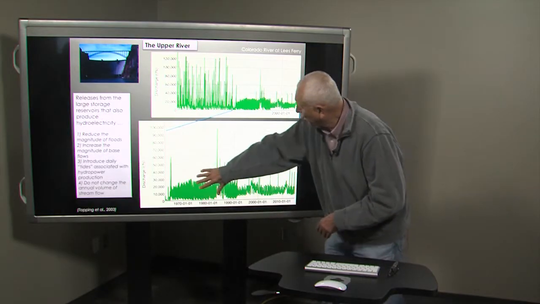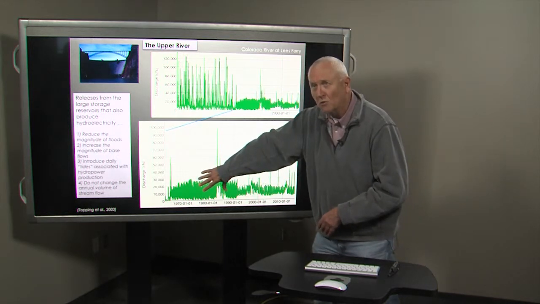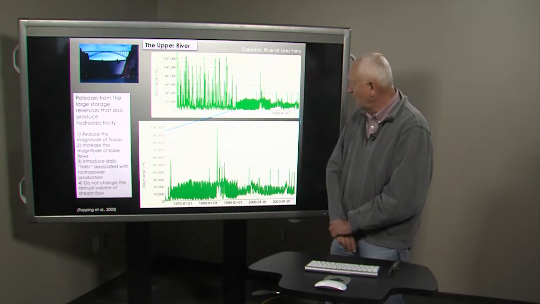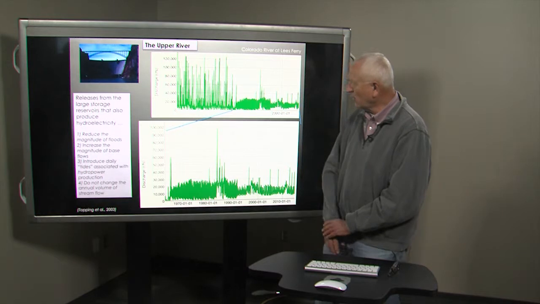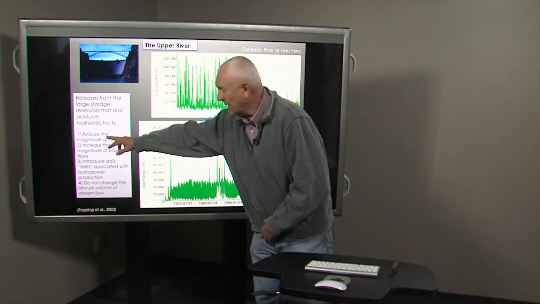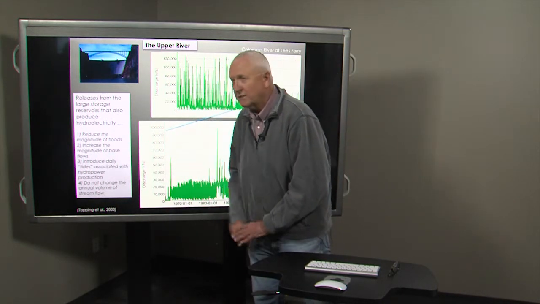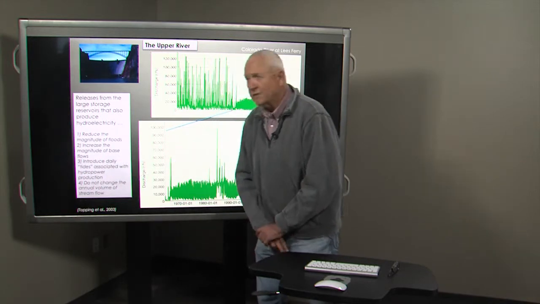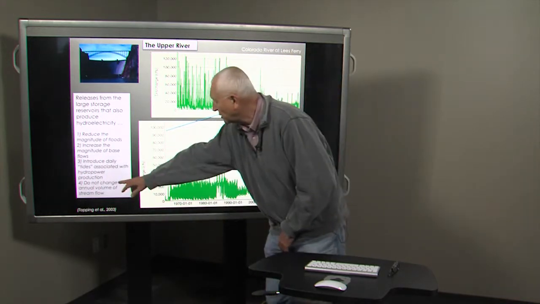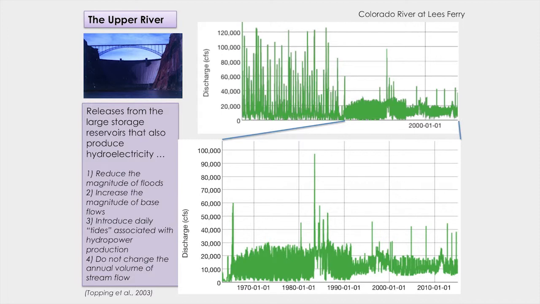So this is a blow up of the flow regime of the post Glen Canyon Dam Colorado River. Reduced magnitude of floods, increased base flows, tides associated with hydropower production, no change in annual volume.